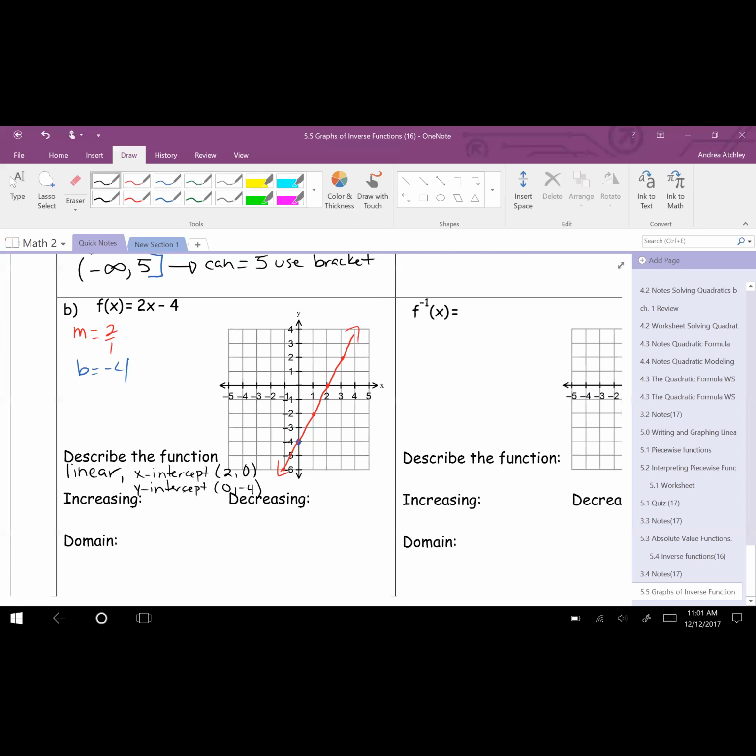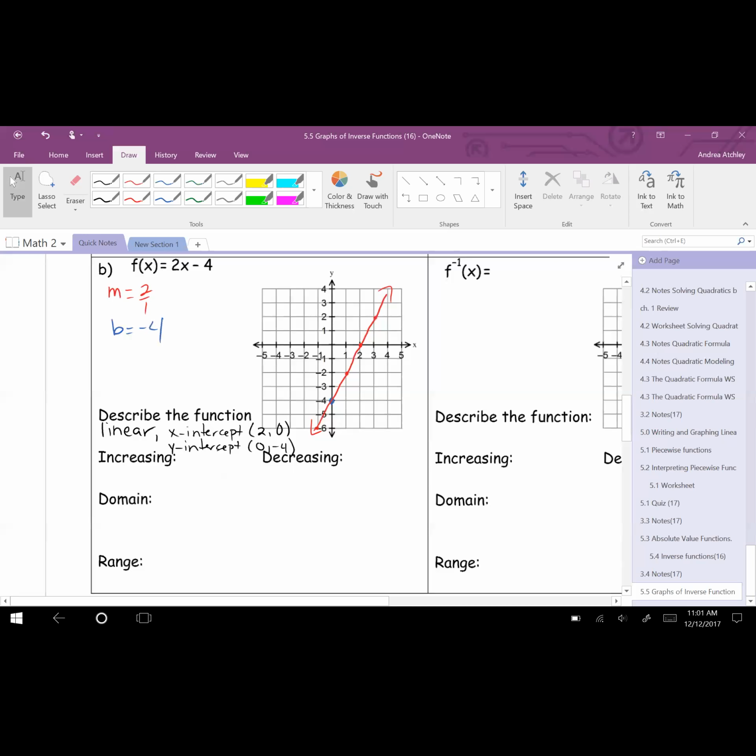Now, linear equations are a little bit different because they don't increase and decrease. They do one or the other. So in this case, as I'm moving from my left to my right, is my graph increasing or decreasing? Increasing.